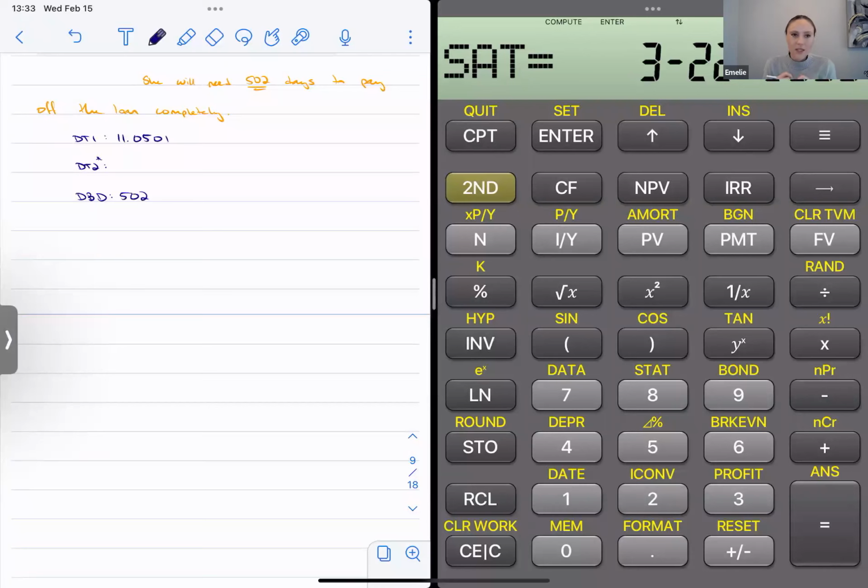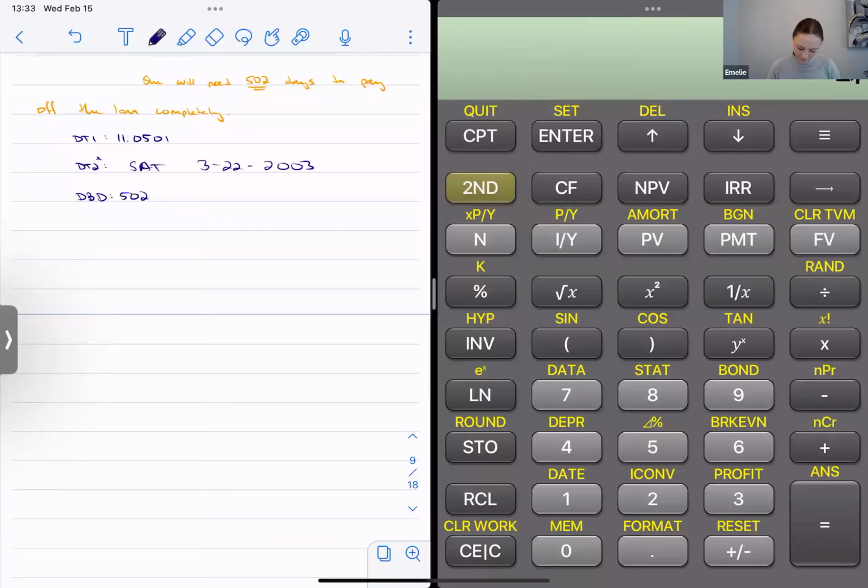It even says that it was a Saturday. Cute. It was Saturday, March 22nd, 2003, which happens to be my dad's birthday, March 22nd. So it was Saturday, 3/22/2003.